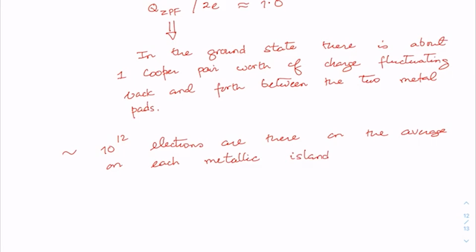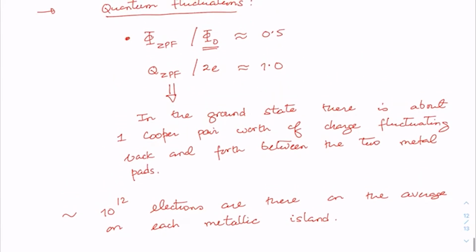So in the transmon qubit, it is absolutely clear why we must work at very cold temperature: our device must be isolated from noise, because the quantum fluctuation is so sensitive, one Cooper pair as far as charge is concerned.